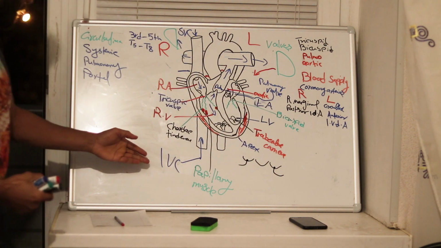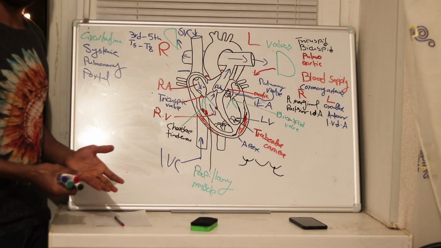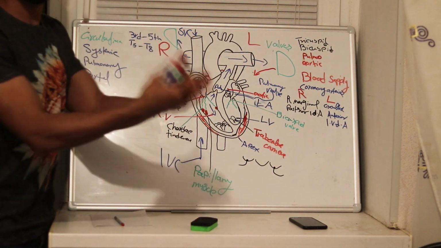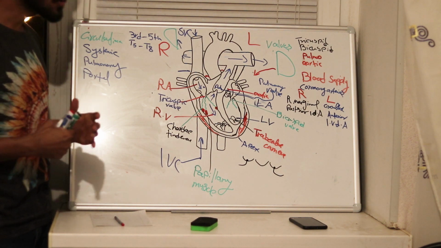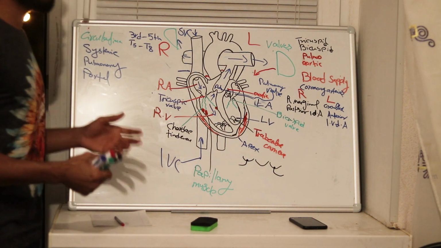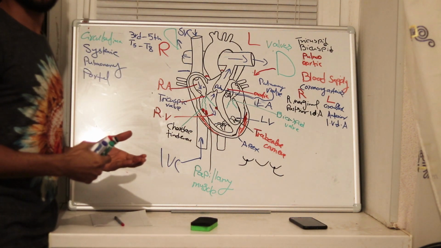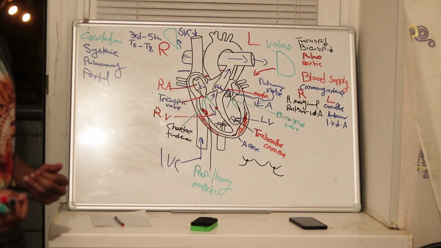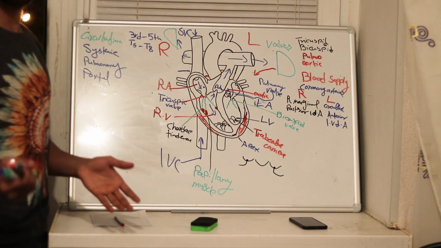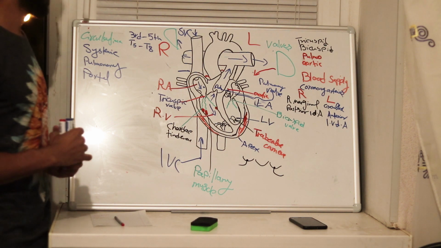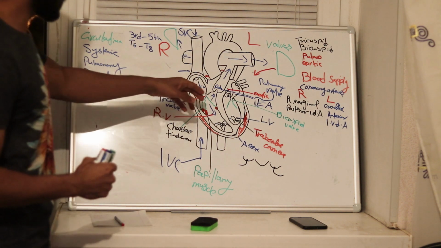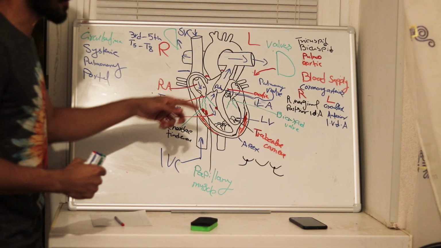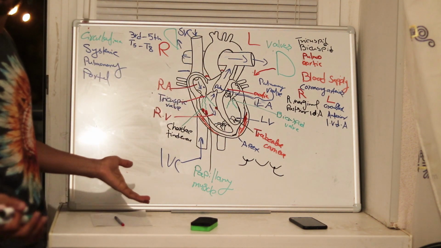We know that veins are the vessels that go to the heart, and arteries leave the heart. So veins carry deoxygenated blood and arteries oxygenated blood. But why here do we have pulmonary veins? The pulmonary veins carry oxygenated blood.